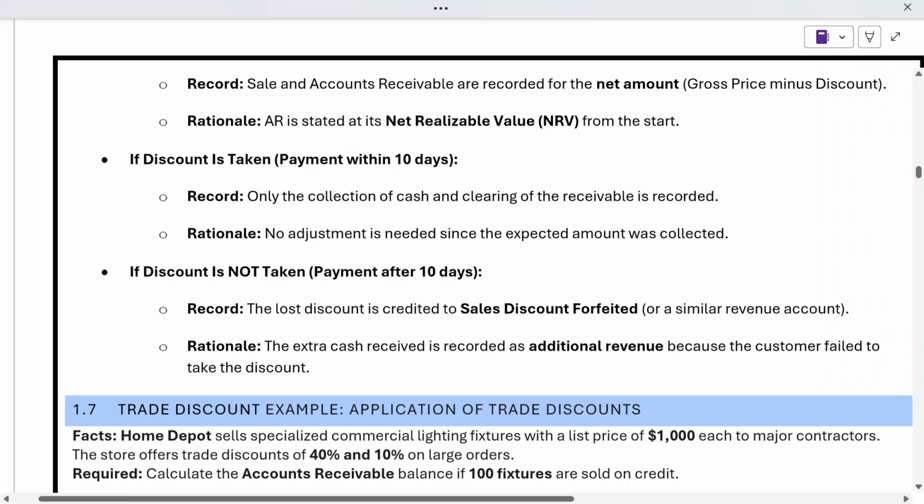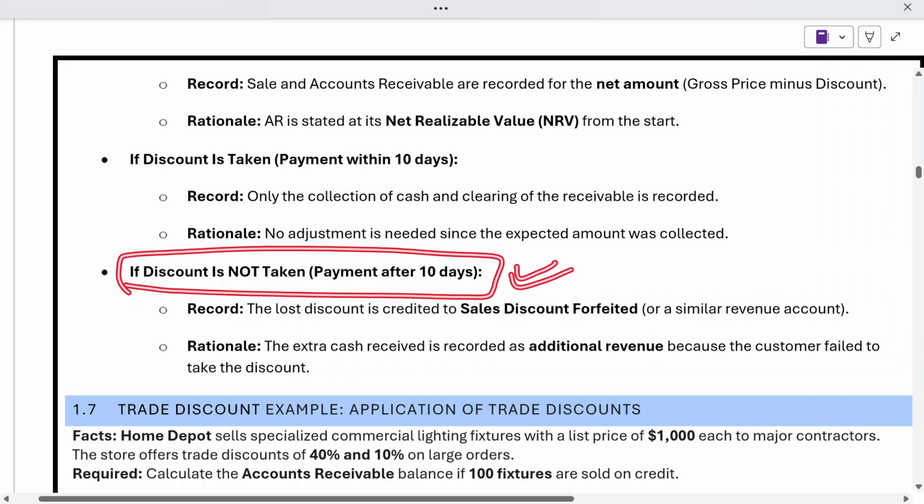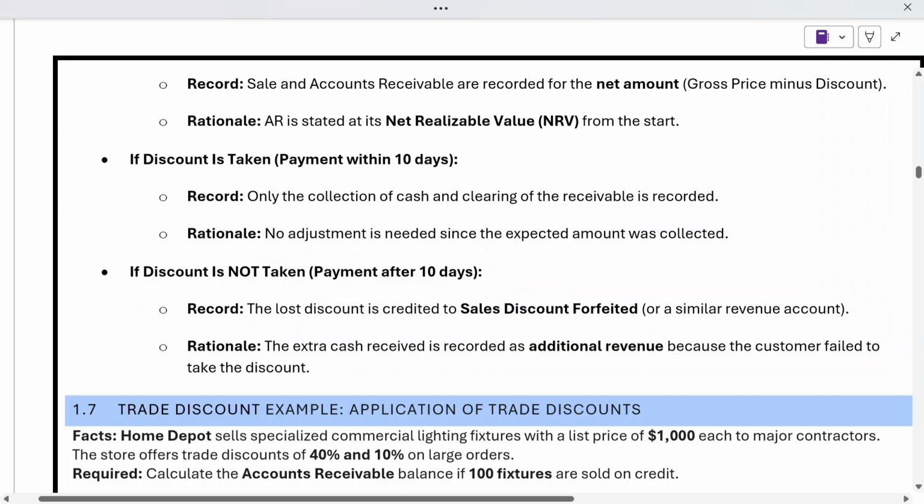But what happens when the customer doesn't come in 10 days, he comes after 10 days. In that case we expected 980 but the customer came after 10 days, so the customer will be paying us $1000. So that $1000 he will be paying, an additional $20 we are receiving against our expectation.